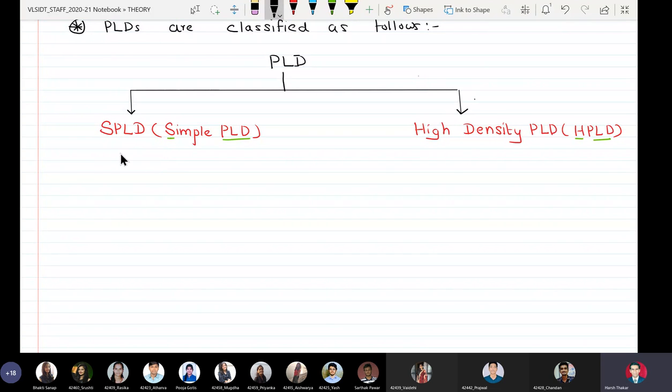SPLDs are classified into many types: PAL, PLA, and PROM.